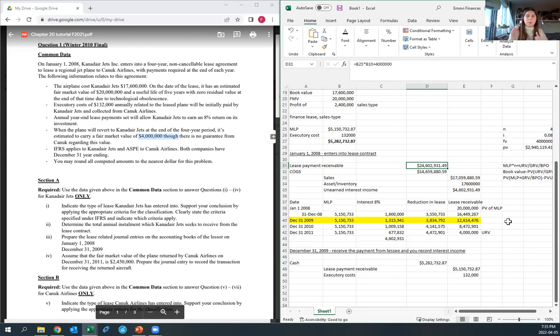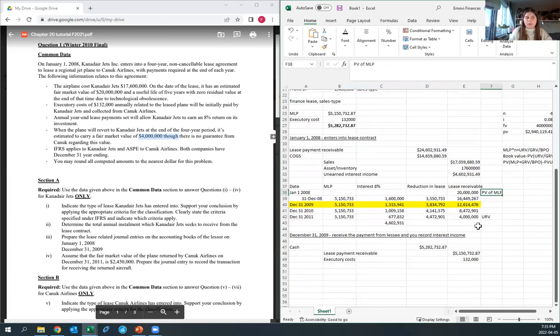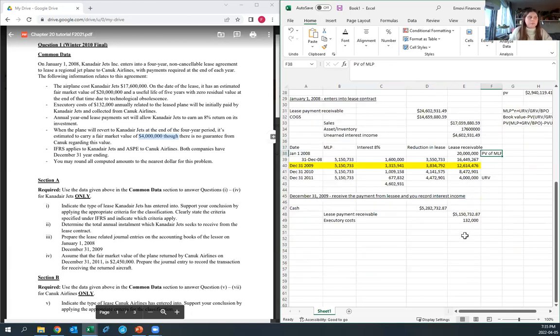So they're paying a little bit more than the fair market value of the asset. Hope that made sense. If not, remember here is the present value of your MLP that comes here. And then you're going to record your interest income, which is a decrease in your unearned interest income and an increase in your interest income for the 1.35.